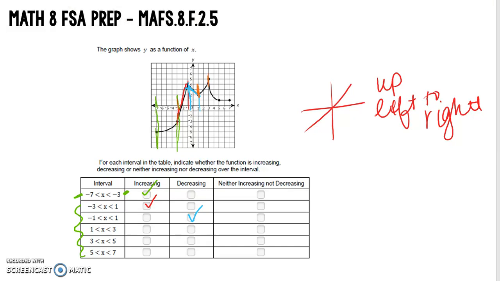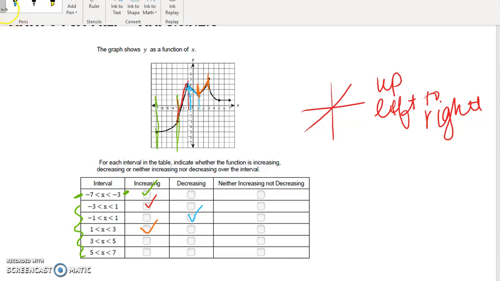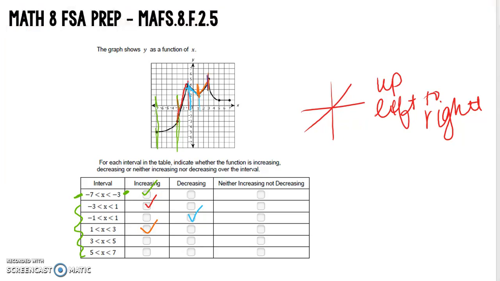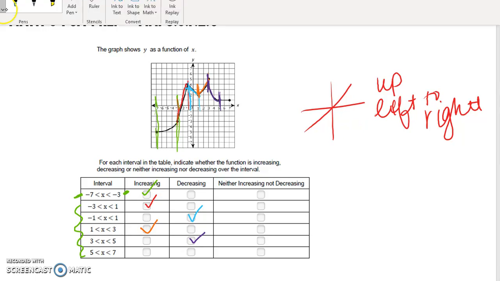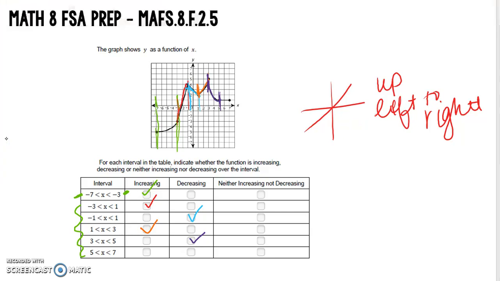From 1 to 3, we are increasing again. From 3 to 5, see how many colors we can use here. From 3 to 5, look at this. Now we're going back down. So we're decreasing. And our last interval, our very, very last interval, right here from 5 to 7, there's actually no change.